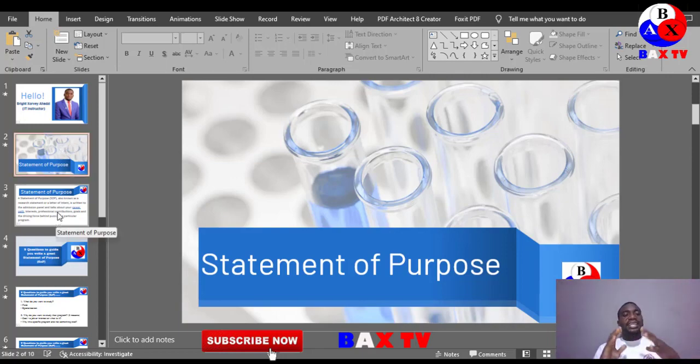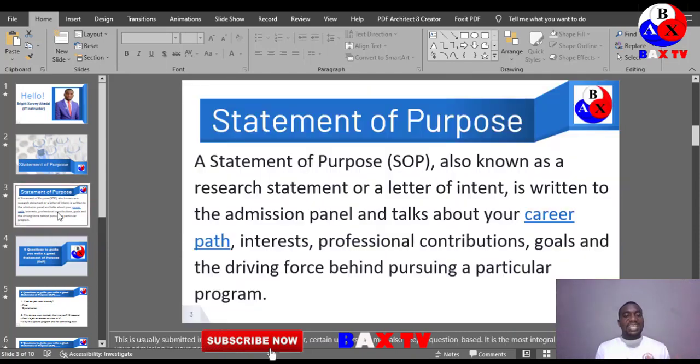In recent times, all graduate schools or studies are demanding a statement of purpose. And if you are an undergraduate student and you're not able to write a good statement of purpose, you could be denied admission to graduate studies. So basically, for all graduate studies, statement of purpose is now the number one requirement, aside from your CV and admission and all that. So we want to look at statement of purpose.